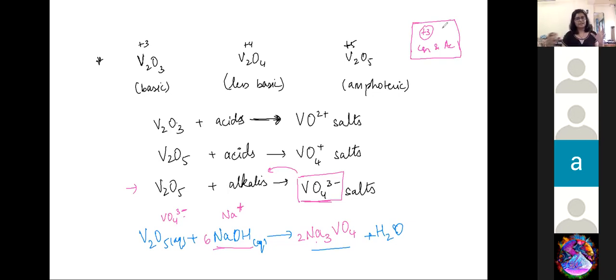And if the covalent nature increases, the basic nature decreases. So the hydroxide of the first lanthanide, lanthanum La, is much more basic as compared to the last lanthanide, which is lutetium Lu.